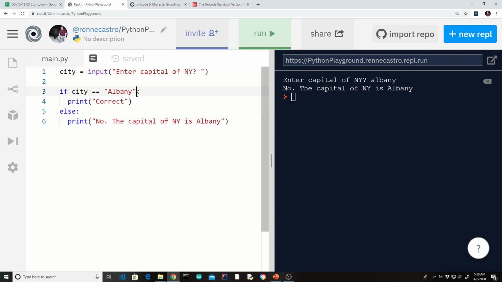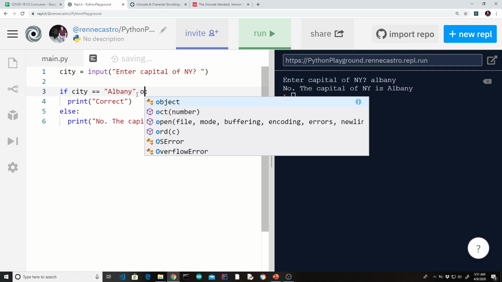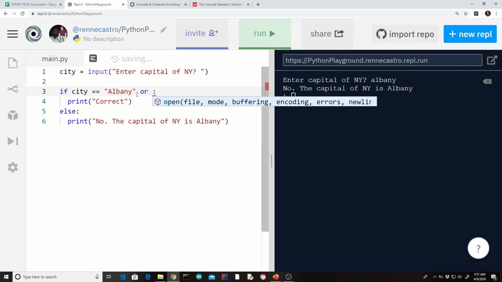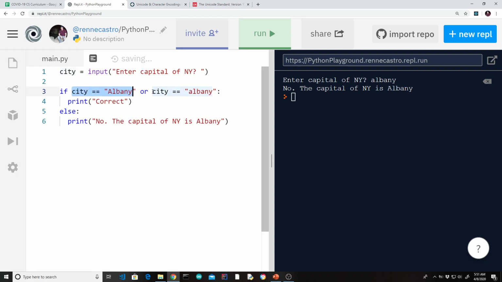In Python, unlike some other languages, you can actually use the word or, which is beautiful. It makes the program very readable, which was one of the goals when they first created Python. So we'll say city, Albany. Now the idea is that if the city is equal to this or the city is equal to that, then we're going to print out correct.